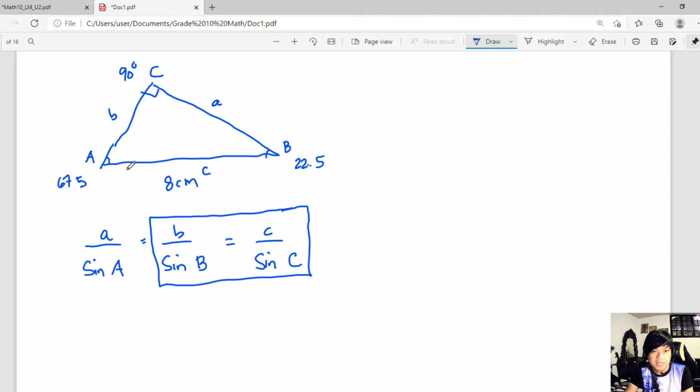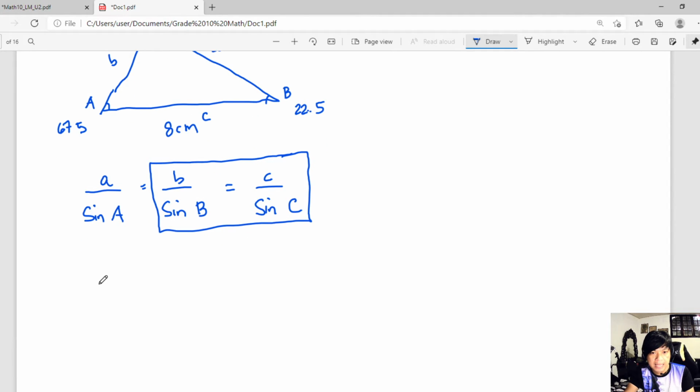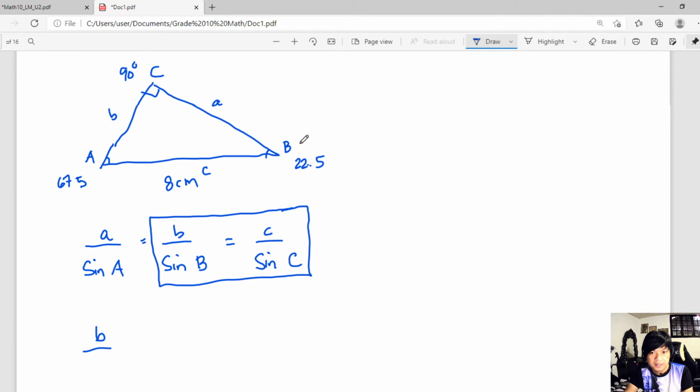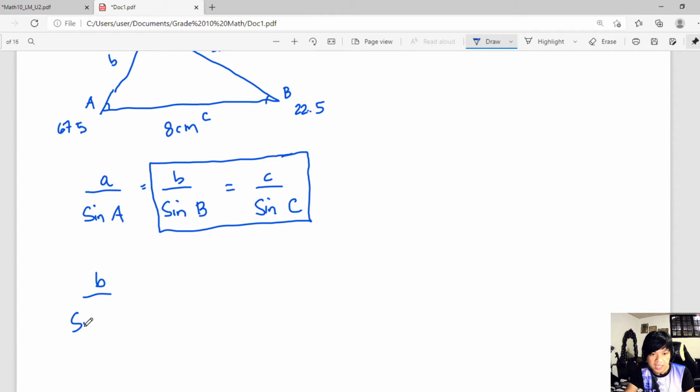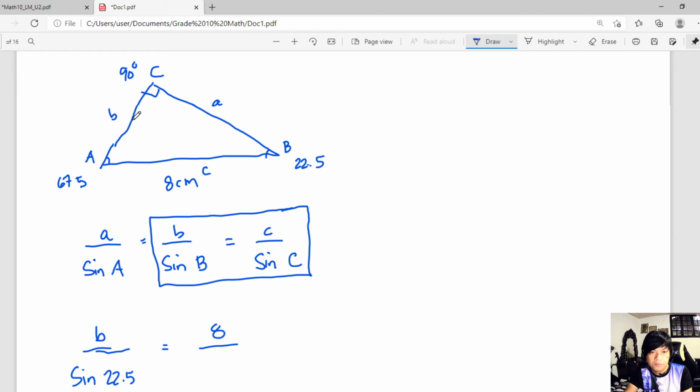Since B has no measure, just copy B. So, B over sine of the measure of angle B, which here is 22.5, so sine 22.5, is equal to C, which is 8, over what is our sine C?